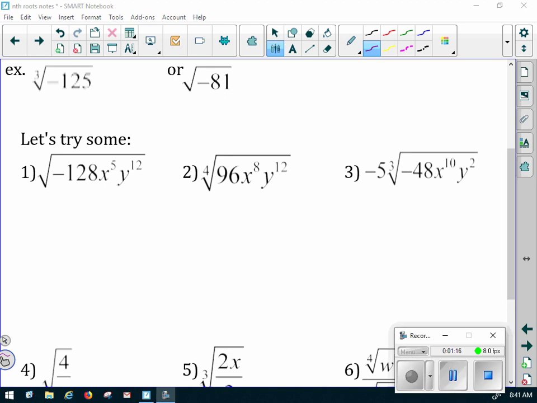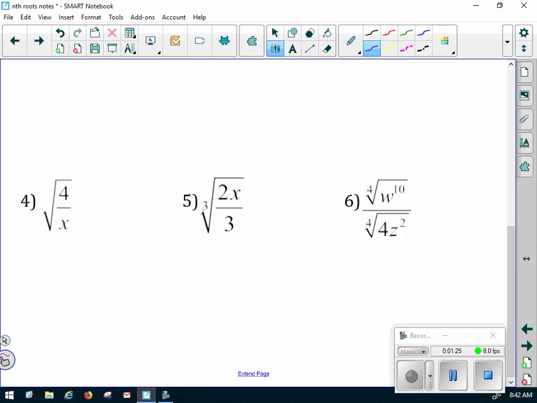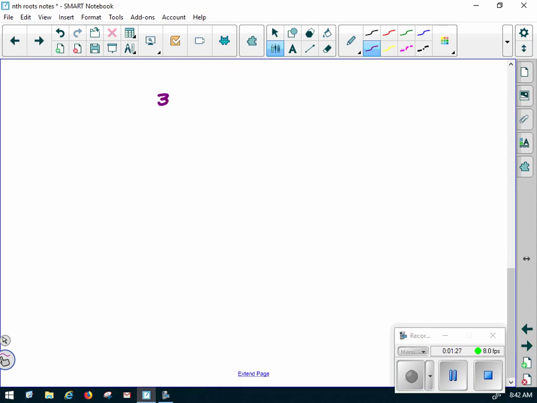So, don't put this on your paper. That says cube root of 125. Let's go down here and remember, this is just a refresher, the cube root of 125. I look for triplets because I'm taking a cube root.